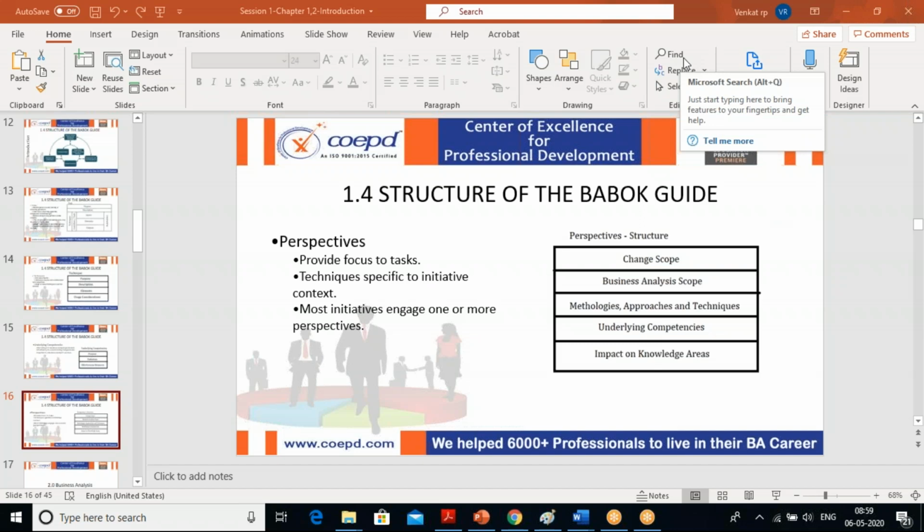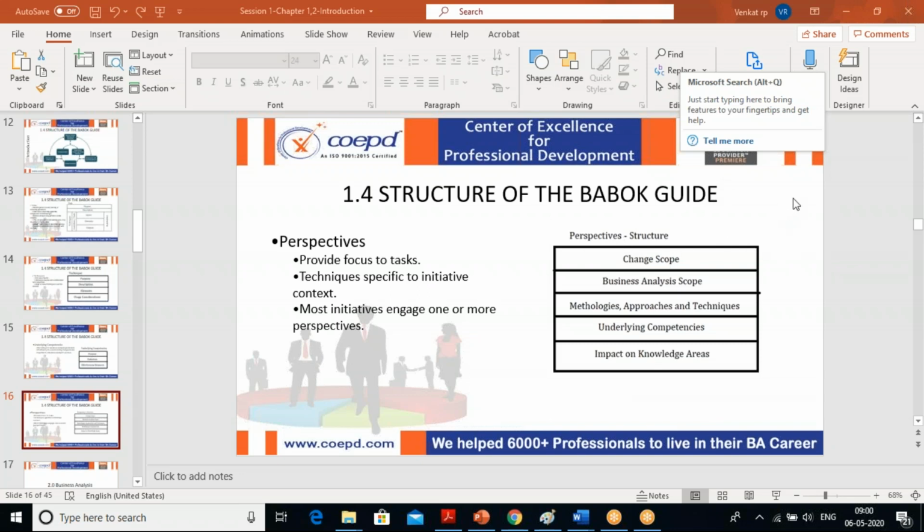Right, you can see this perspective structure. That is the change scope, business analysis scope, methodologies, approaches and techniques, underlying competencies, and impact on knowledge areas. So this is the structure of the perspective. Please draw this structure.